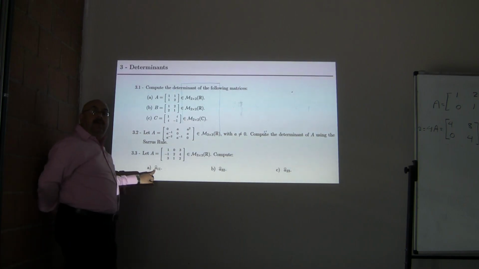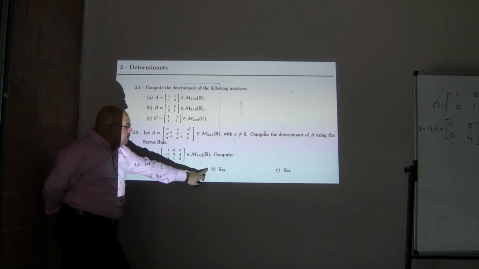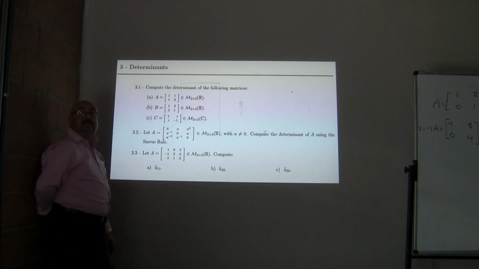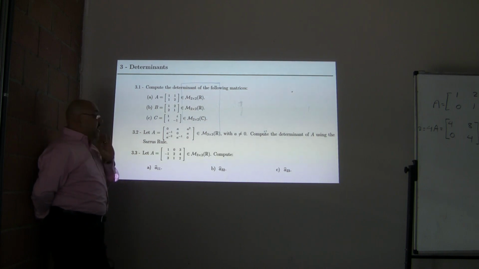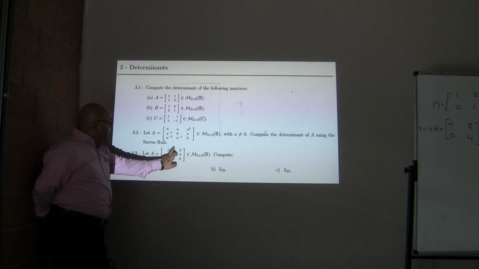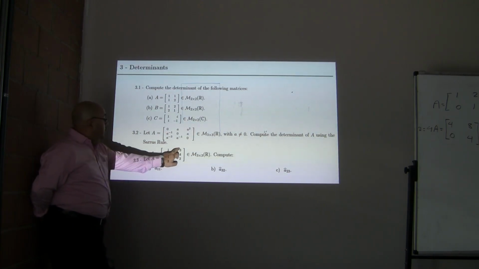He's asking you about the algebraic complements. What's the algebraic complement of 3, 2? I need the algebraic complement of the element 3, 2. So it's going to be 1, negative 1, 3, 4.